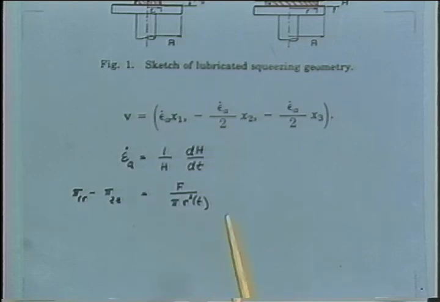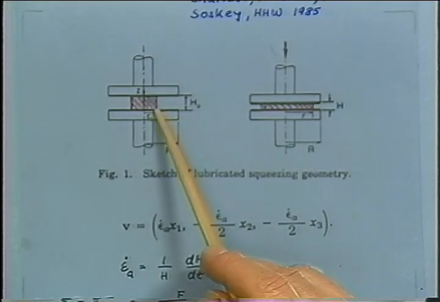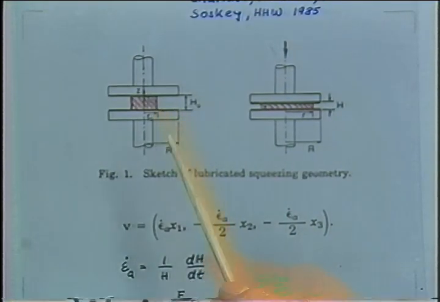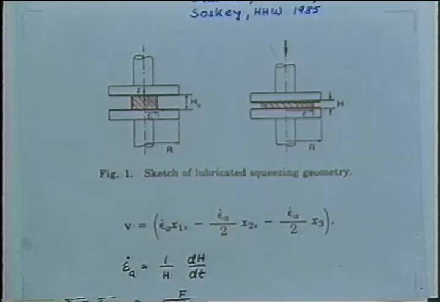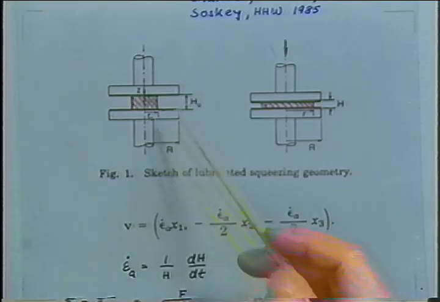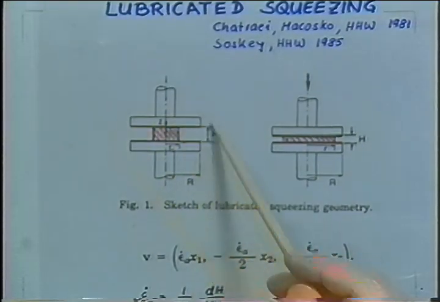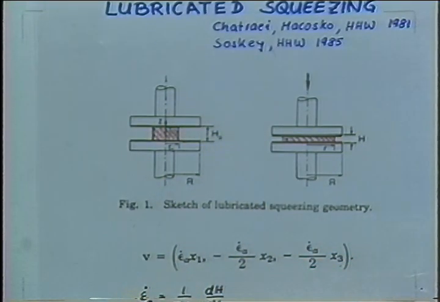Now, this approach has the advantage that we use a very small sample. So this is the candy type experiment in comparison to the pizza. And it has the advantage that everything is contained in a small area, and we can go to high temperature.